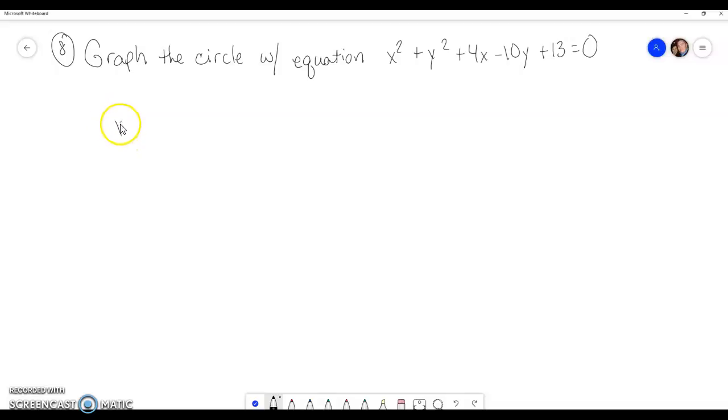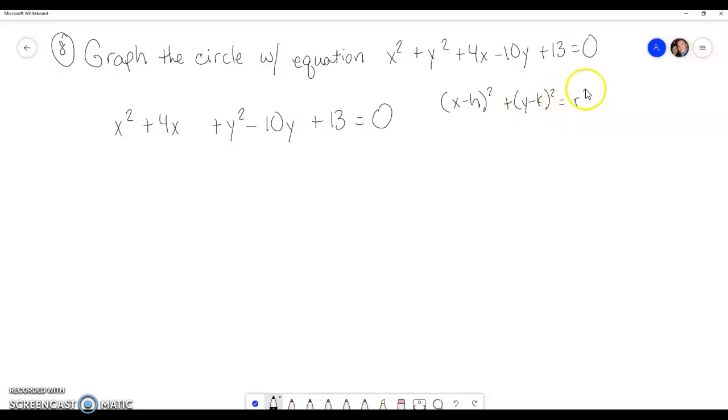So how can we do that? First, I'm going to group my x's together. So x squared plus 4x plus y squared minus 10y plus 13 equals 0. Now remember, that center radius form is (x minus h) squared plus (y minus k) squared equals r squared.